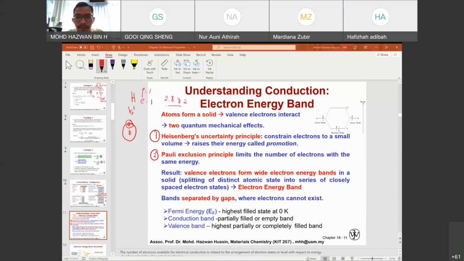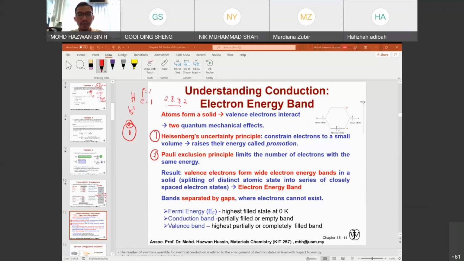Electron at the highest orbital. Okay. So we say that the electron that will be located in the highest level of orbital will be the valence electron.